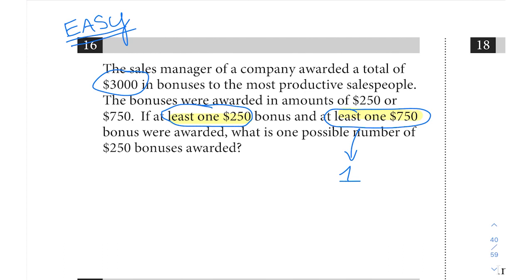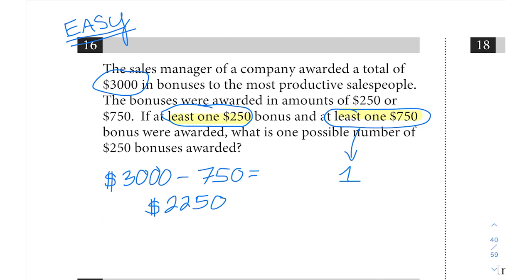So let's try it. If we had one $750 bonus, then our total amount of 3,000 minus the 750 would now be down to $2,250 worth of remaining bonuses.